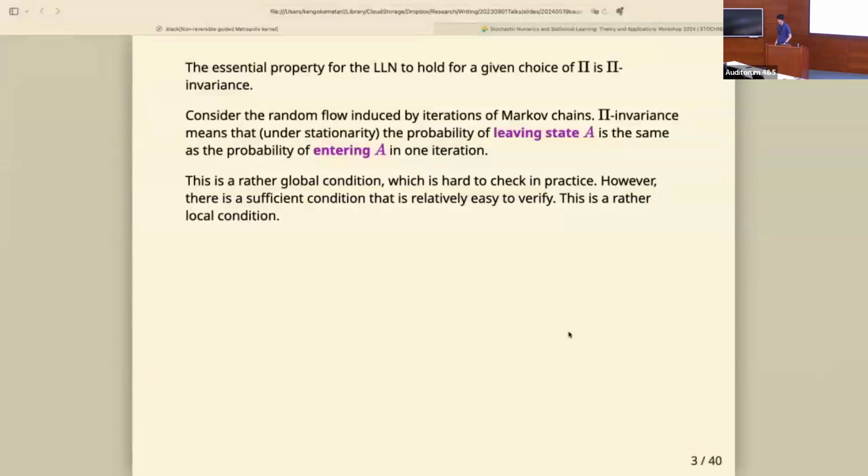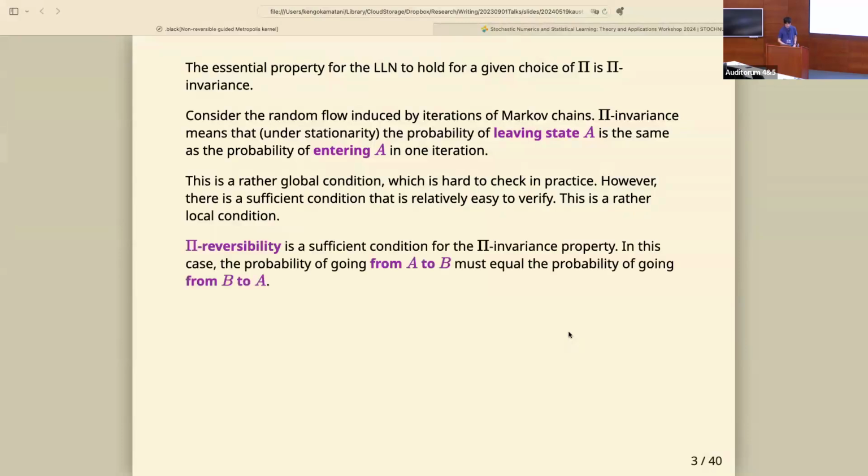But this is a rather global condition, which relates to many states in the state space and is relatively hard to control. Fortunately, there's a nice sufficient condition, which is reversibility.